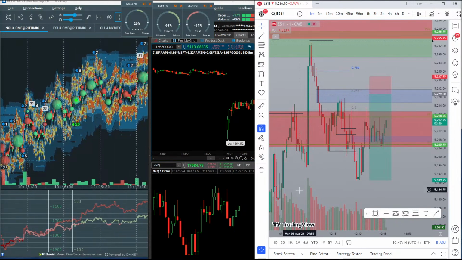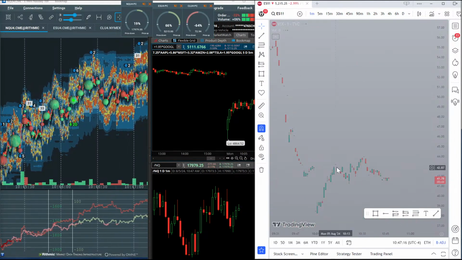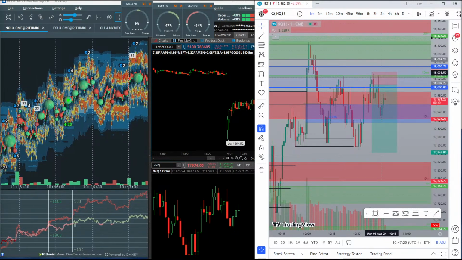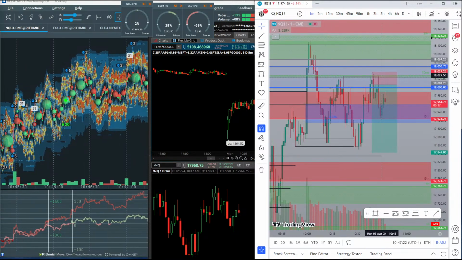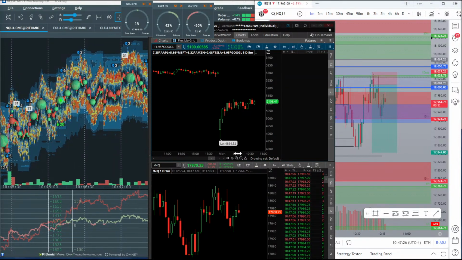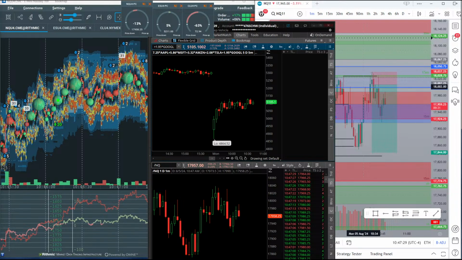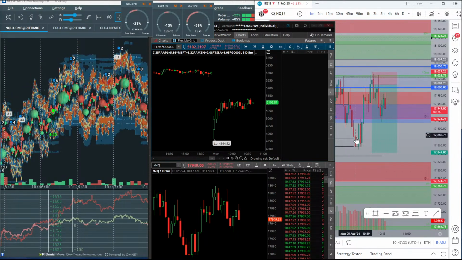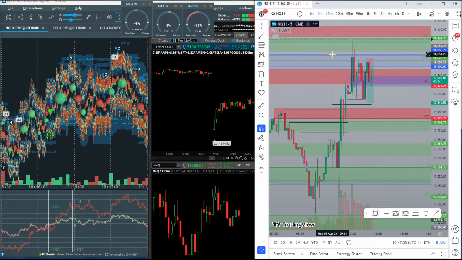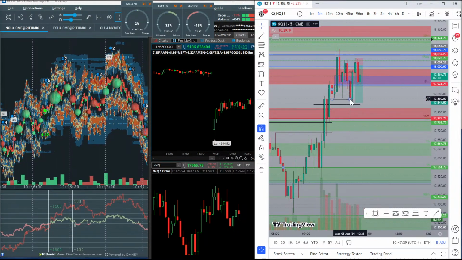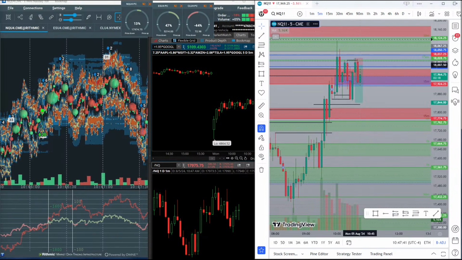Considering grabbing the shorts here, but I don't want to be jumping the gun. Because again, just like the last few times, the 5 minute looks like it's going to continue lower, and then we just bounce right back up.